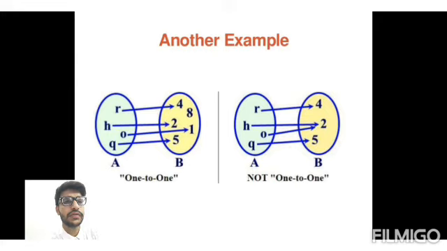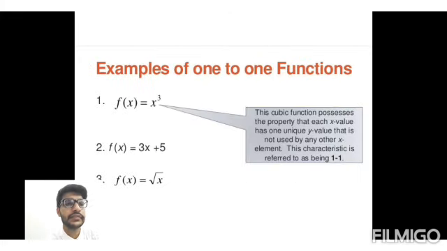Here 4 maps to one element, 2 maps to 2 and another 2, and 0 maps to 1, so it is not one-to-one. Example of a one-to-one function: f(x) is equal to x cubed. The cube function possesses the property that each x value has one unique y value not used by any other x element. This characteristic is referred to as being one-to-one.